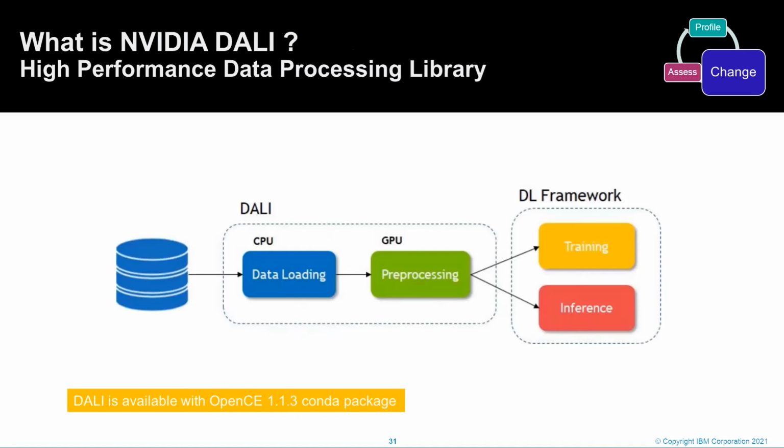And it's going to offer you a lot of different APIs to speed up a lot of preprocessing phases. It's going to use GPU as well as CPU for the preprocessing and the data loading.